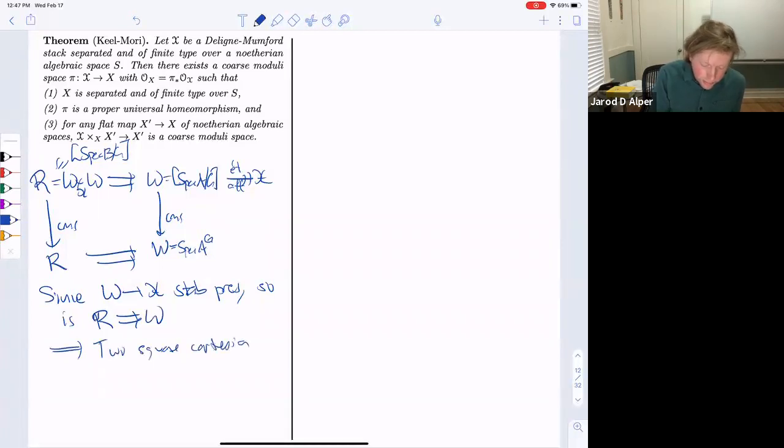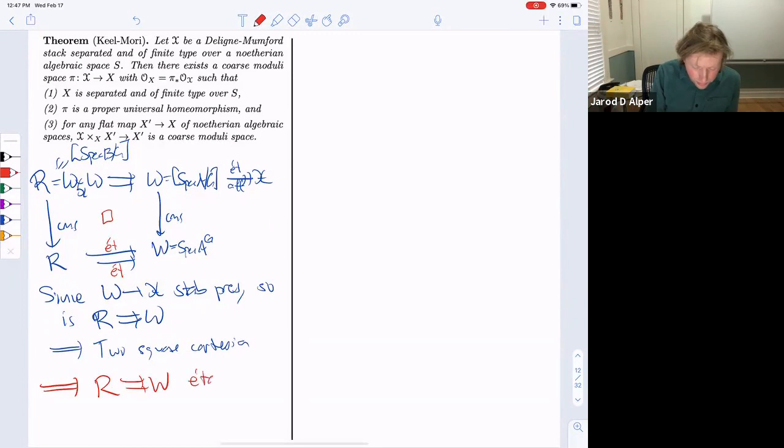So we get that both of these maps are étale and both squares are Cartesian. The upshot was that this induced map R to W is an étale groupoid of even affine schemes.